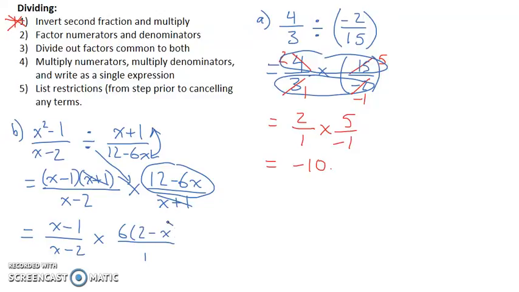2 minus x. Well, 2 minus x and x minus 2 are very close. So now I'm going to not only factor out the 6, but I'm going to factor out a negative 6. It's going to become x minus 1 over x minus 2 times negative 6, and that's going to switch the signs of both of these. So that becomes positive x from a negative x, and now the 2 becomes negative.